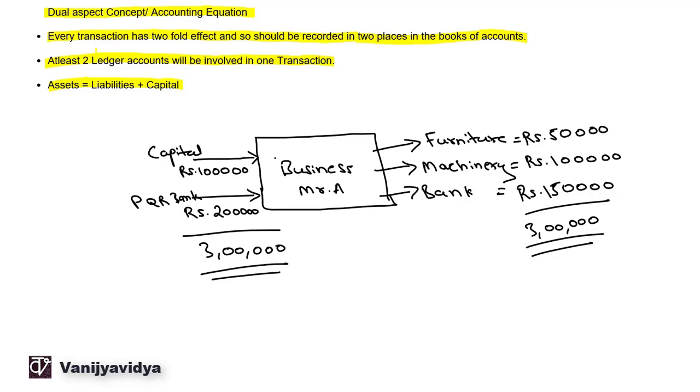Now assets, as explained earlier, reflect what entity owns, whereas liabilities plus capital will represent what entity owes either to the owner, that is in case of capital, or to the outsider, that will be in the case of liabilities. Now let's see this equation in detail.